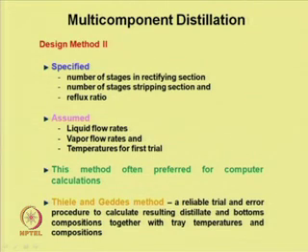This method is often preferred for computer calculations. Now, Thiele and Geddes method is a reliable trial and error procedure to calculate the resulting distillate and bottom compositions together with the tray temperatures and compositions.